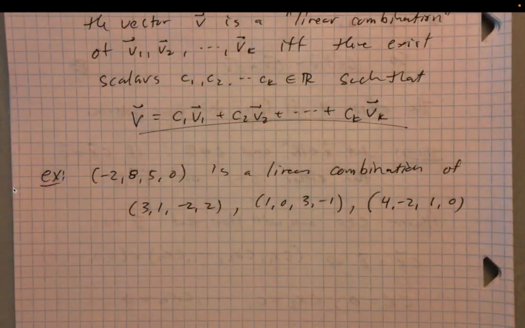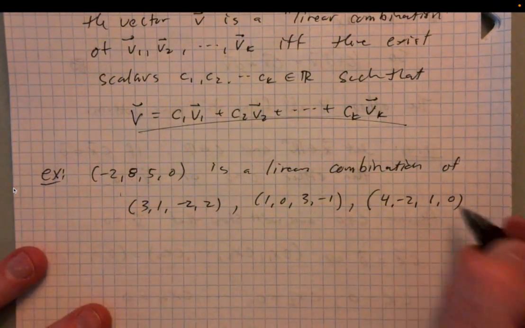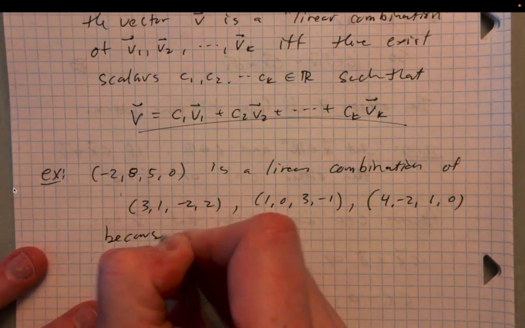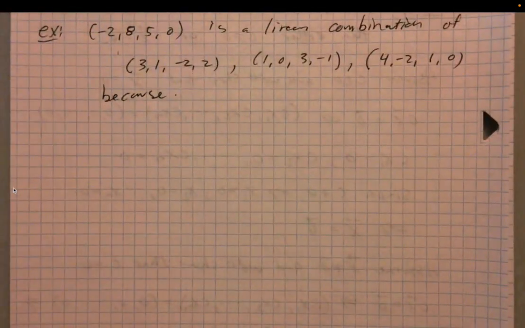So this vector here is a linear combination of these three. Why can we say that? Well, because I can find scalars such that I can create a sum product to give me this vector.